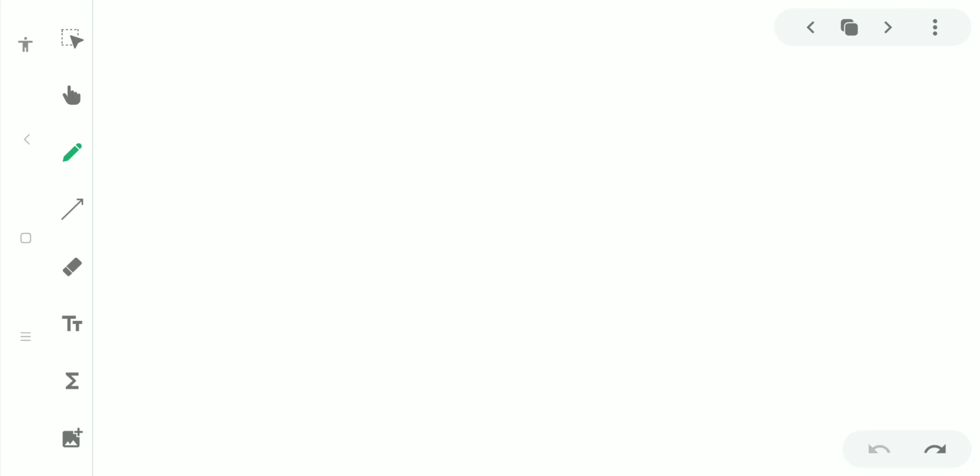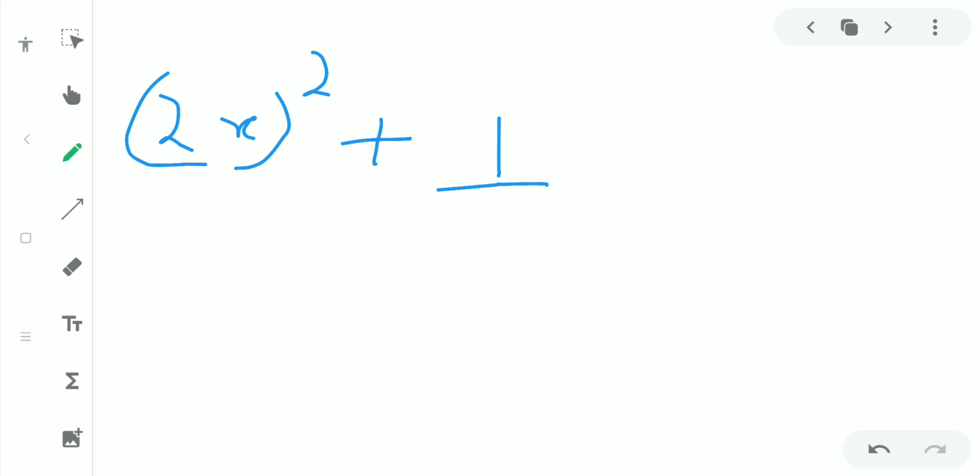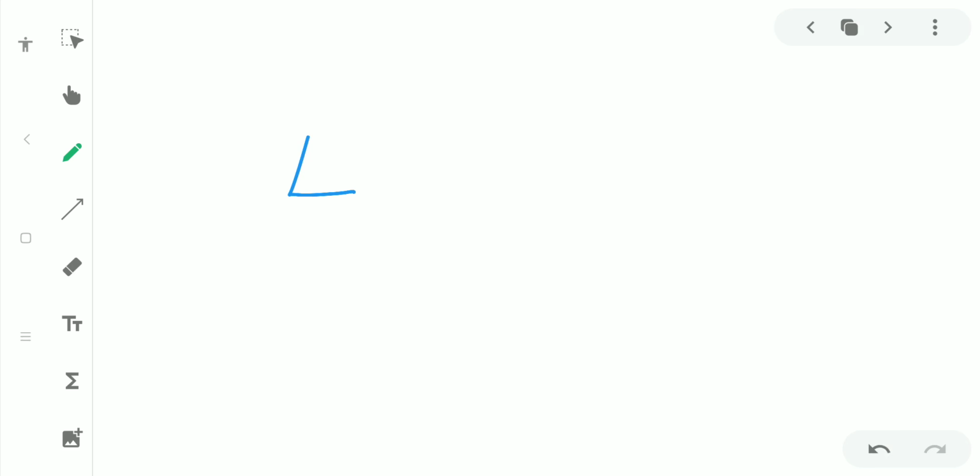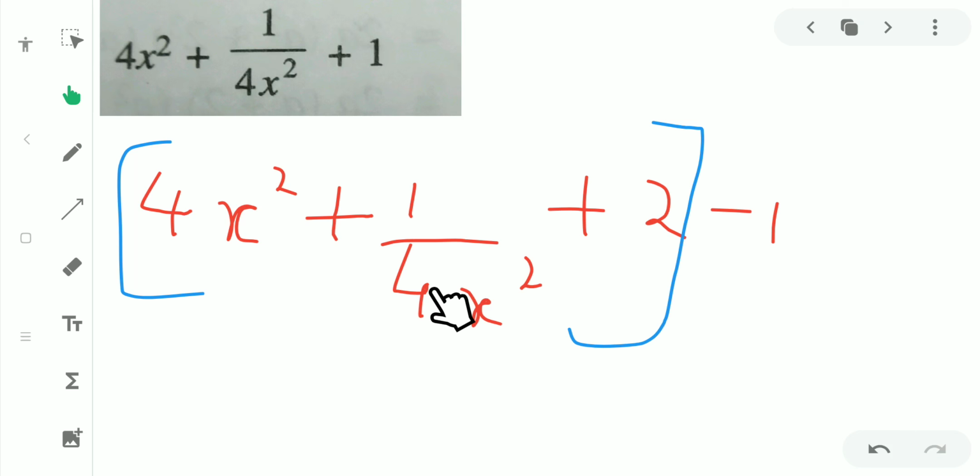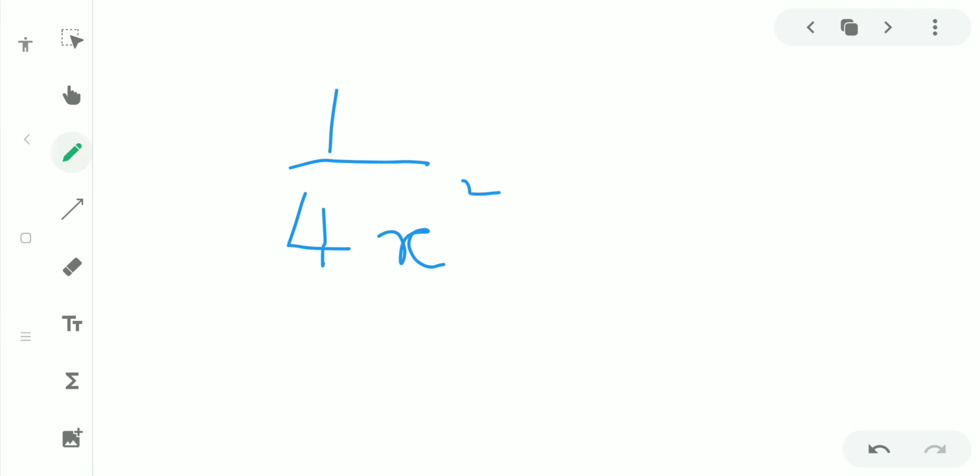4x square is nothing but 2x whole square, because 4 is nothing but 2 square and x square, and on applying the formula ab whole power m is equal to a power m into b power m, we will get 2x whole square plus 1 by 2x whole square, because 1 by 4x square, that is this term, on grouping it, we can write it as 1 square by 2x whole square.